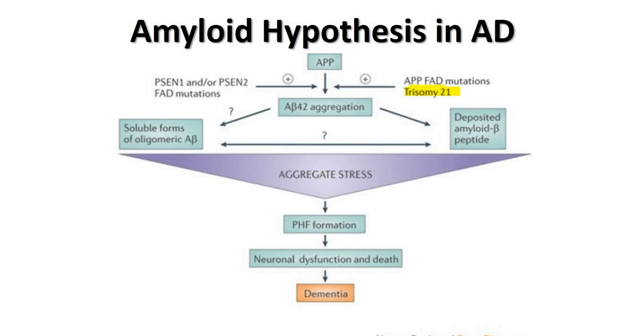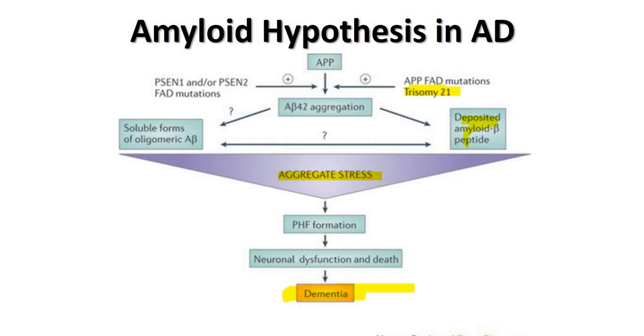APP will then have alpha beta 42 aggregation. You will have soluble forms of oligomeric alpha beta and the deposited amyloid beta peptide. Together they will lead to aggregation of stress, the PHF formation, neuronal dysfunction and death, and eventually beta amyloid precursor or amyloid plaque leads to memory or cognitive impairment, that is dementia.